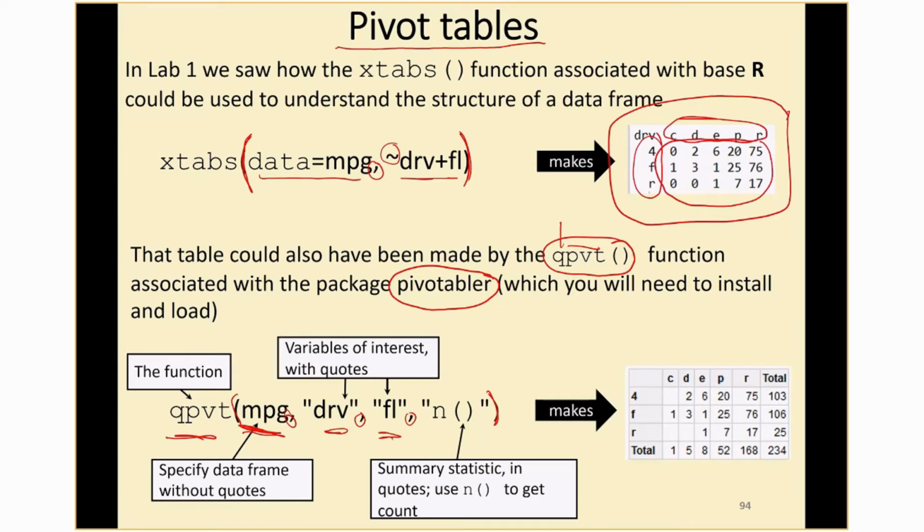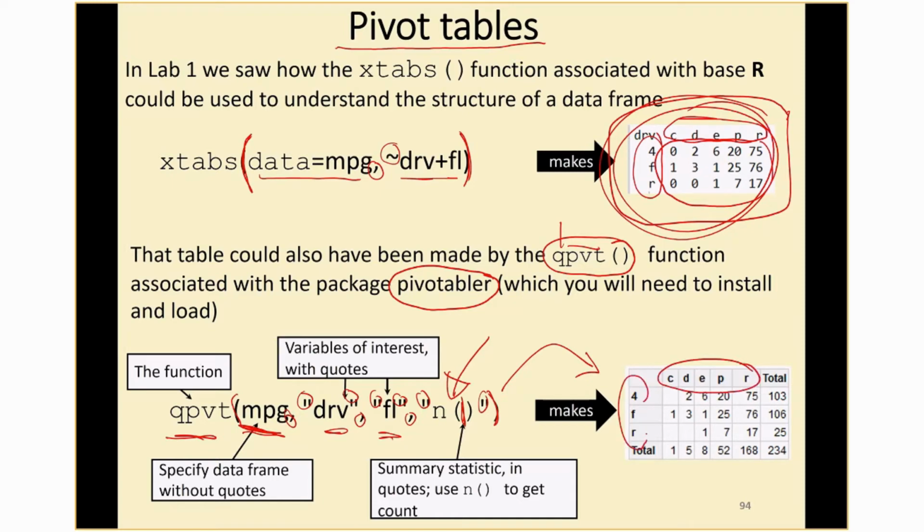If we want the count of records, we're going to use n, because that's what gives us a count. Remember, when you use n, nothing is required inside the parentheses. These quotation marks are necessary. If we do all that code, we get a very similar data frame to this one, with our 5 different fuels and the 3 different levels of drive.